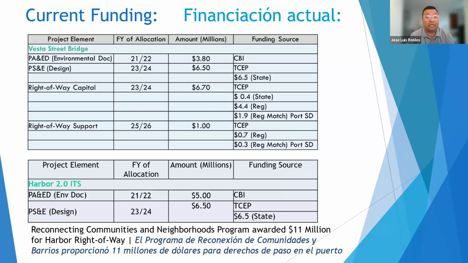Hopefully, we can start design sometime this spring. And lastly, our Sandag partners applied for the Reconnecting Communities and Neighborhoods Program, and they were just awarded 11 million, making this project fully funded up to construction. We'll move to the next slide.